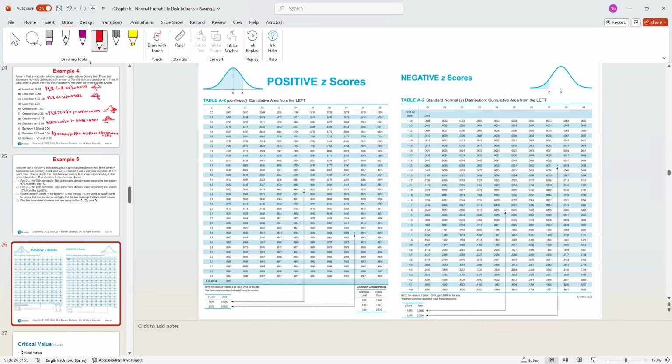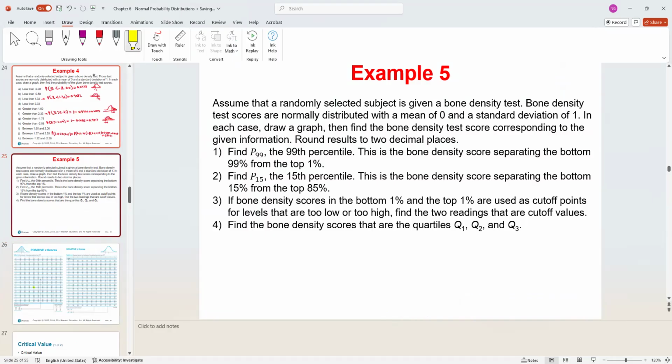The closest I can find for 0.99 is 0.9901, because remember, for us the 99th percentile, they don't say if it's on the left or on the right.